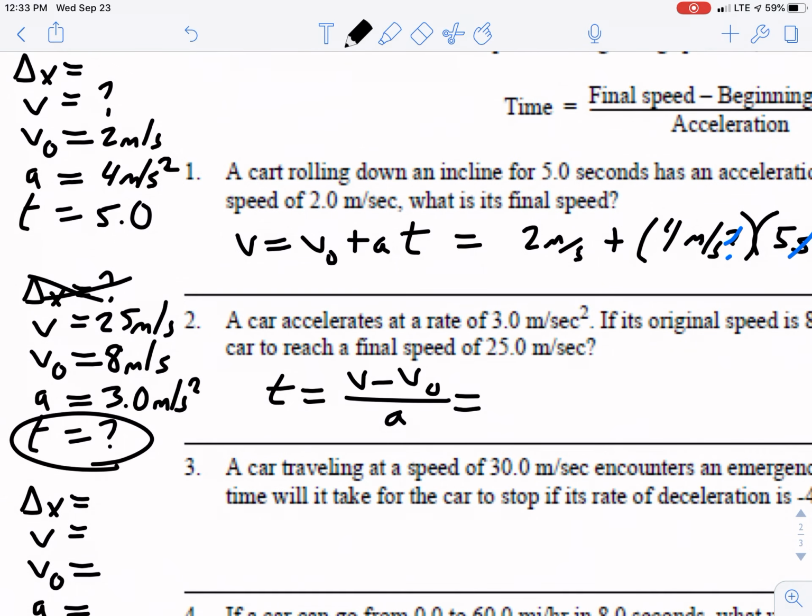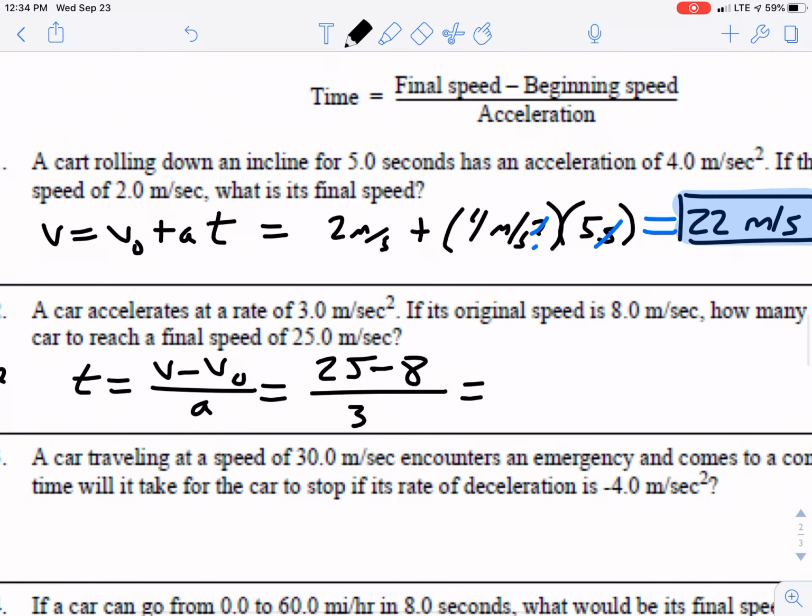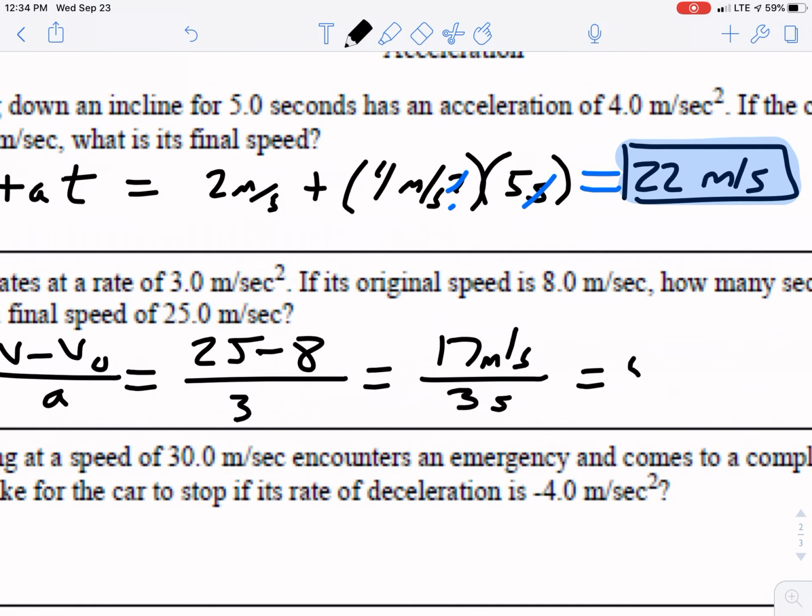Final speed, 25, minus the original speed, 8, over 3 meters per second squared, which would be 17 meters per second over 3 seconds. And that gives us about 5.7 seconds. Okay, so if I cancel meters per second squared and meters per second, the only thing left is the unit of seconds.